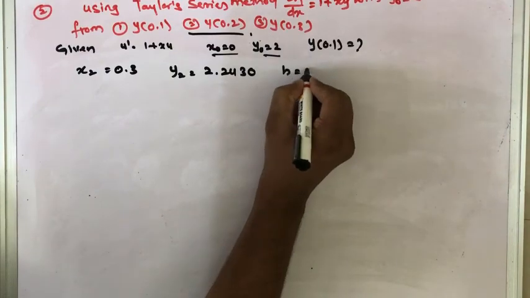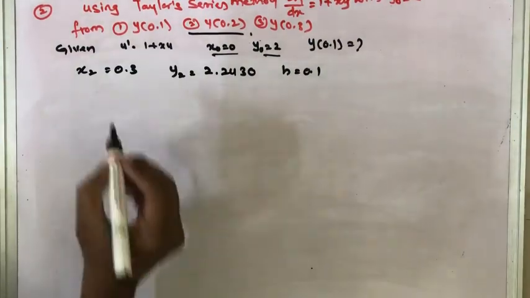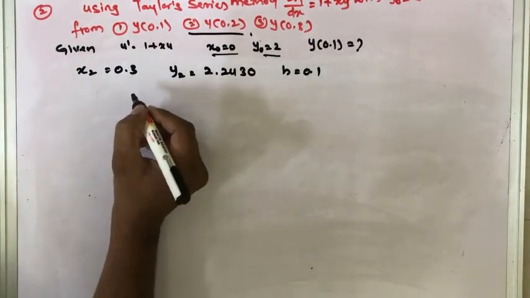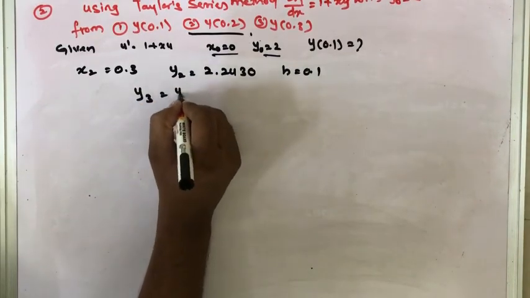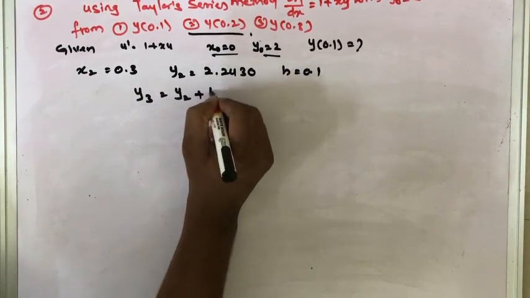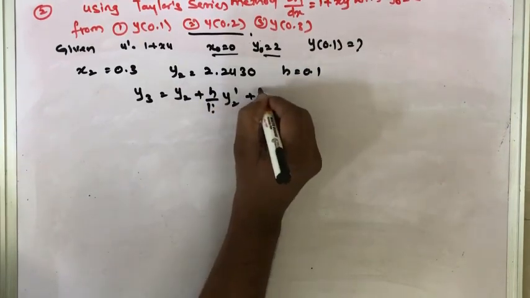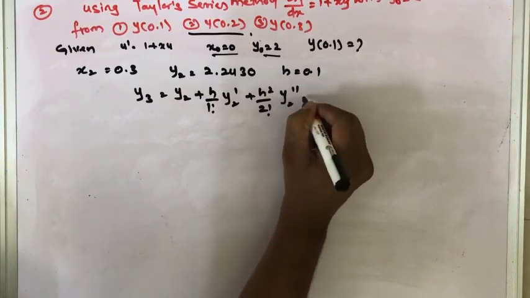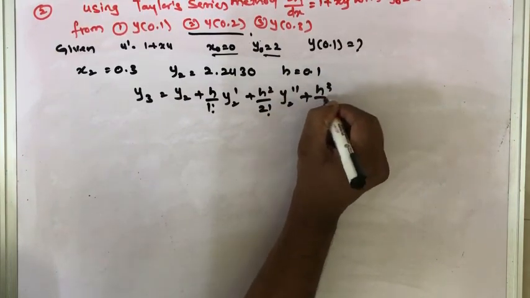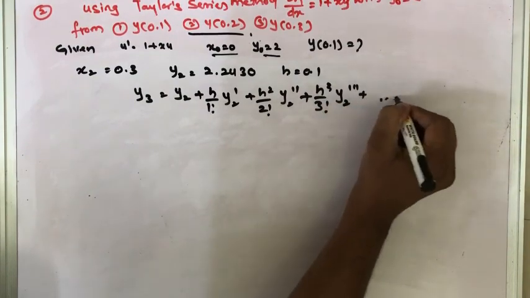So h is again 0.1, as 0.3 minus 0.2 is 0.1. So the Taylor series equation will be y3 equal to y2 plus h by 1 factorial into y2 dash, plus h square by 2 factorial into y2 double dash, plus h cube by 3 factorial into y2 triple dash, plus so on.